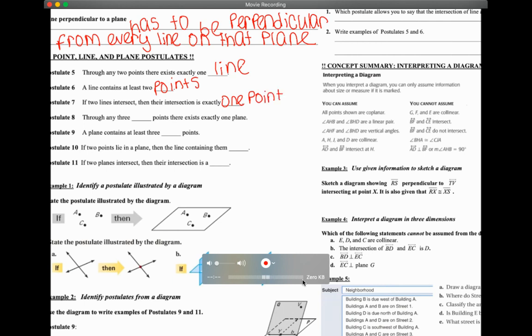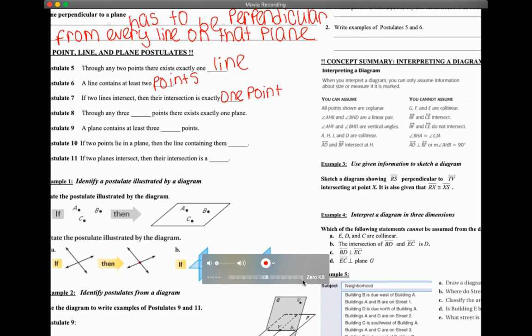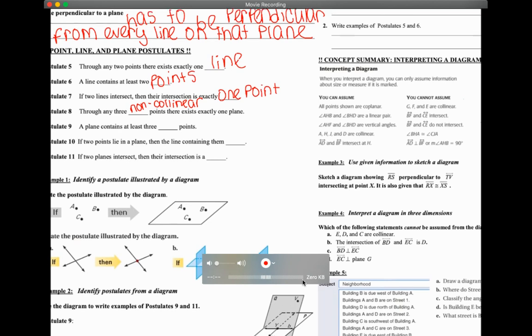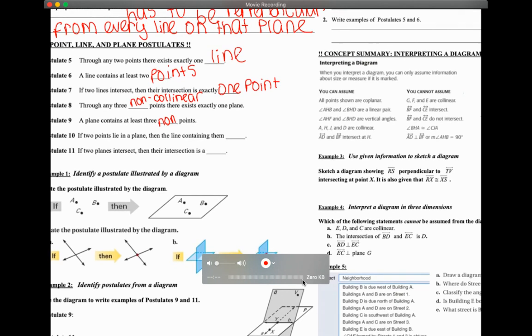Through any 3 non-collinear points, there exists exactly one plane. So remember, non-collinear means they're not on the same line. And then a plane contains at least 3 non-collinear points.